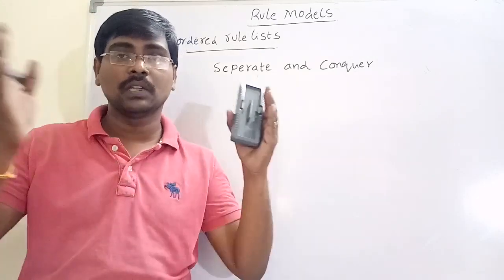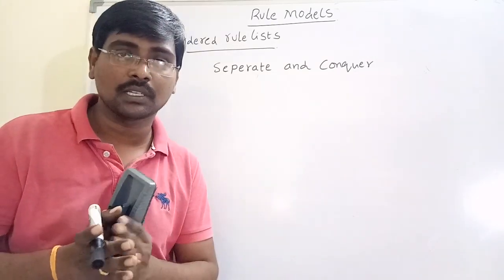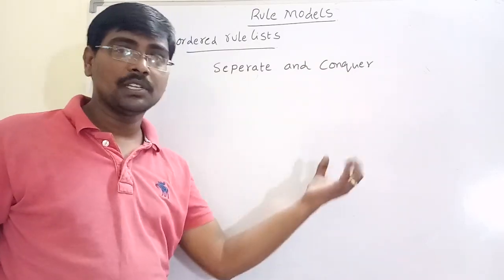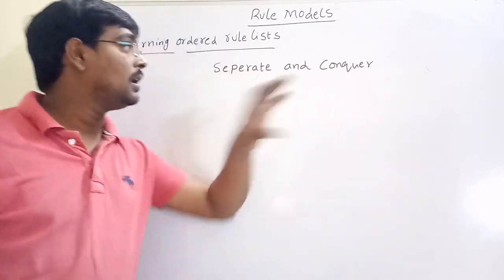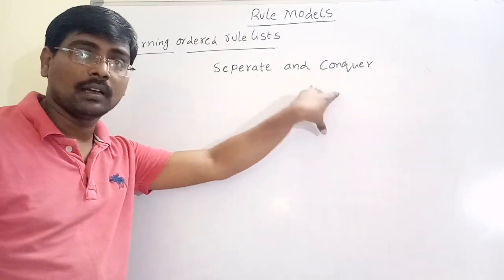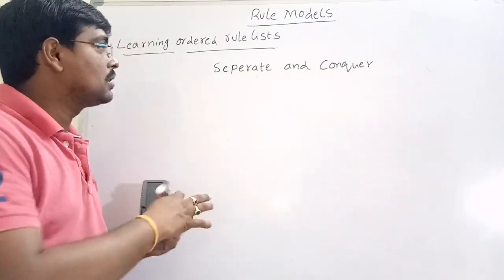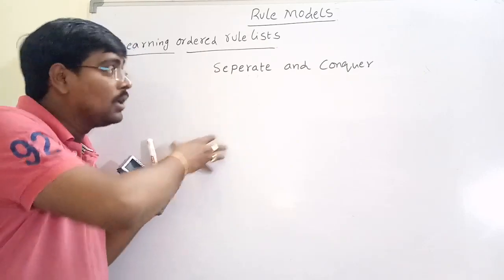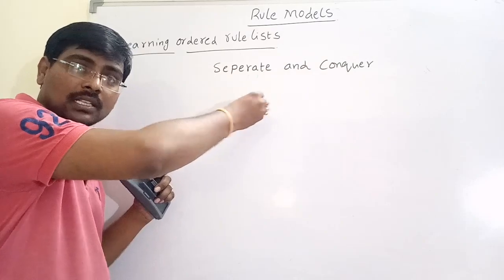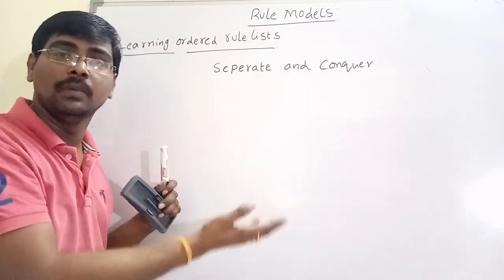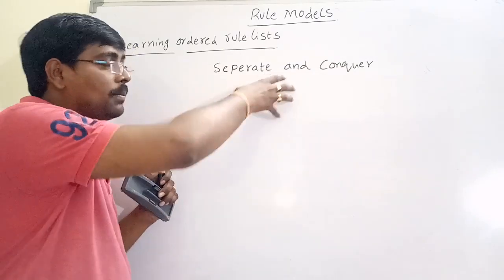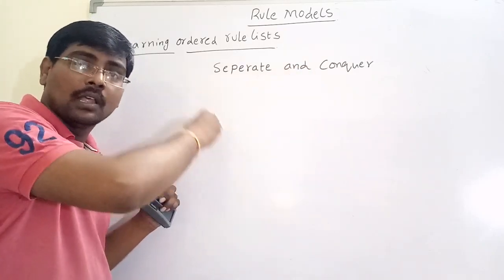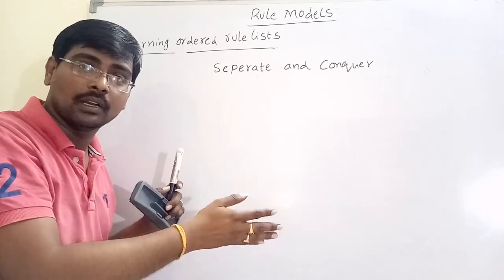We already know the divide and conquer approach. Divide and conquer means dividing the entire space into a number of subsets, and step by step we perform the conquer operation. Separate and conquer is exactly the reverse. Separate and conquer means I am creating a rule. Now the set of instances that do not satisfy the rule are eliminated.